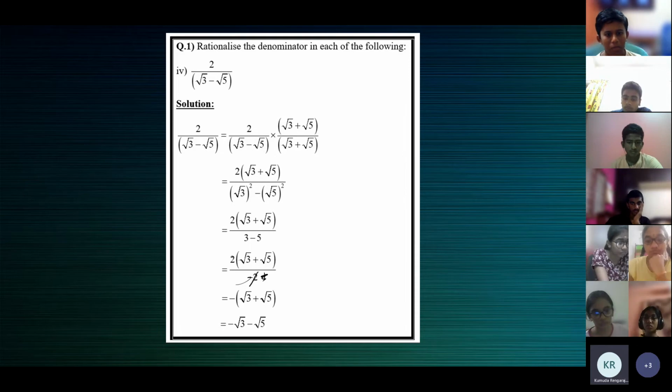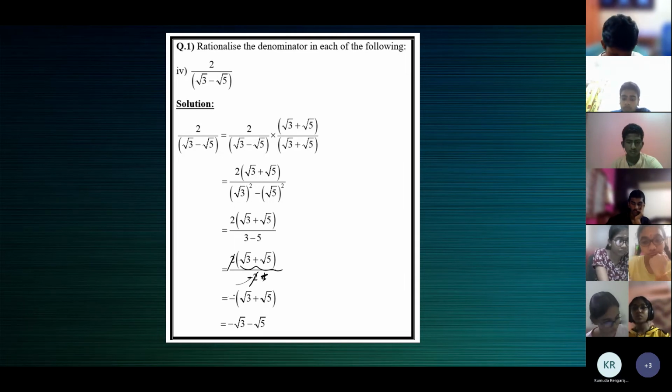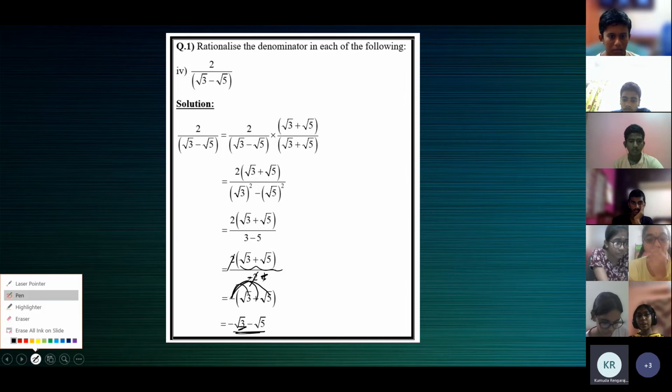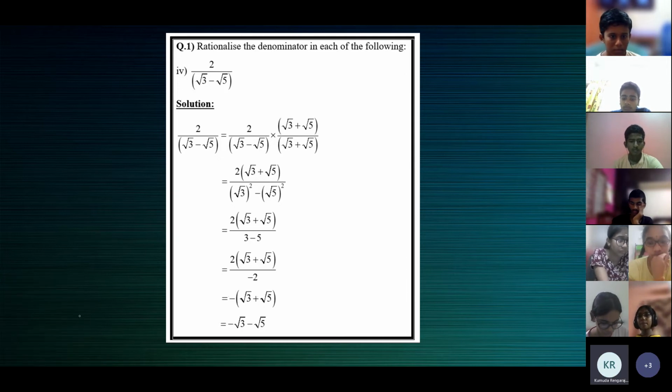So 2 and 2 get cancelled. There's minus, take it to the numerator. So minus, and write this as it is, root 3 plus root 5. Now when you multiply, minus root 3 minus root 5, divided by 1. The denominator is 1. So it's rational now. It was irrational. Now it is rational.